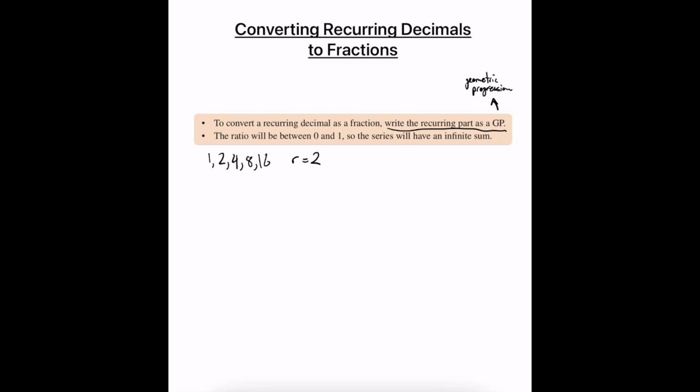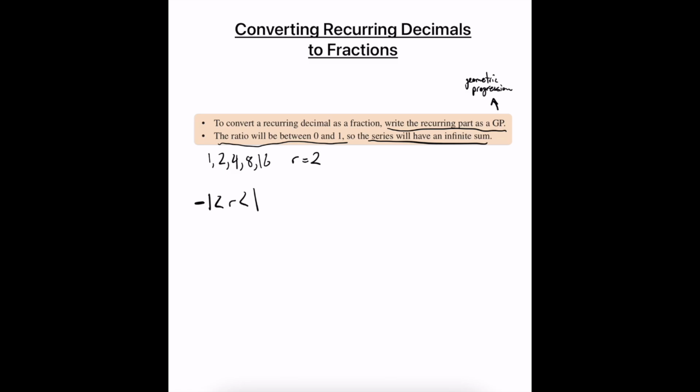Now, for the case of a recurring decimal, the ratio will always be between 0 and 1. And because it's always between 0 and 1, this will mean that the series will have an infinite sum. If we recall, an infinite sum occurs when our common ratio is between -1 and +1.